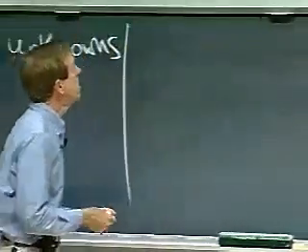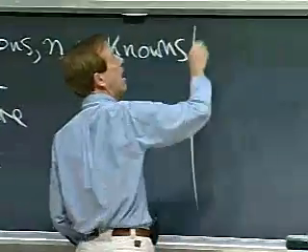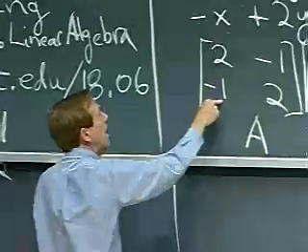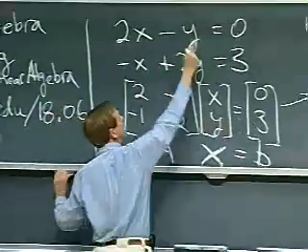So the column picture. I'm now going to look at the columns of the matrix. I'm going to look at this part and this part.